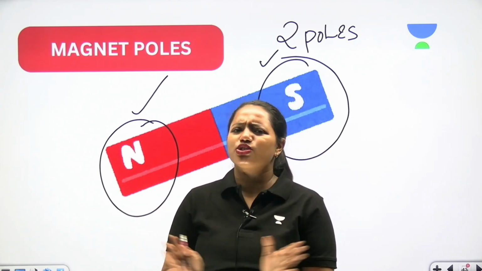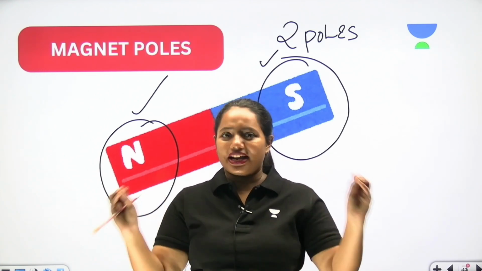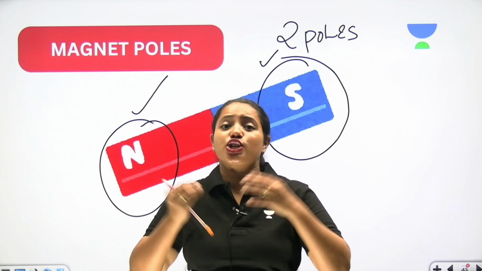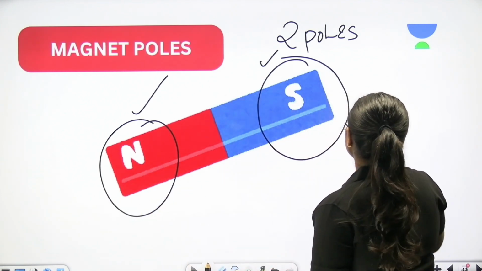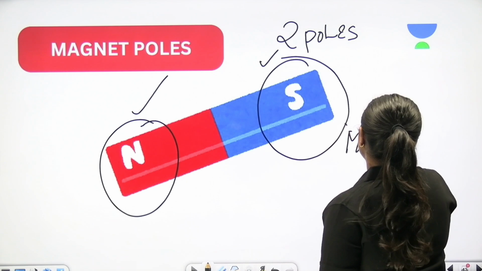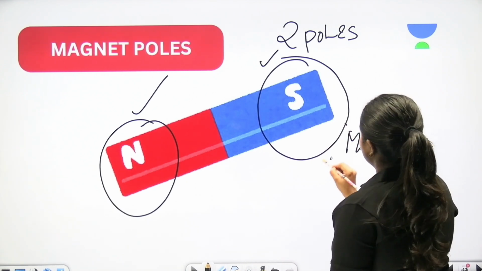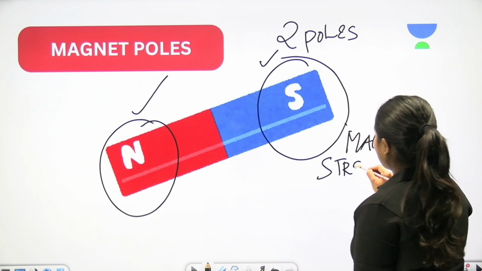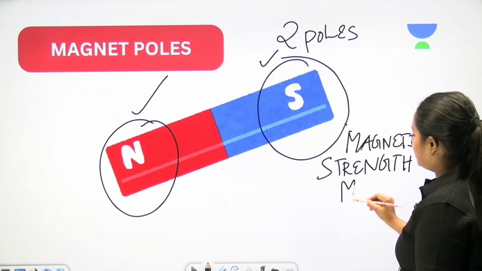And why are these poles so special? These are the places of a magnet where the magnetic strength is maximum. So you can find magnetic strength maximum at these points. So magnetic strength, write it down, is maximum at these poles.